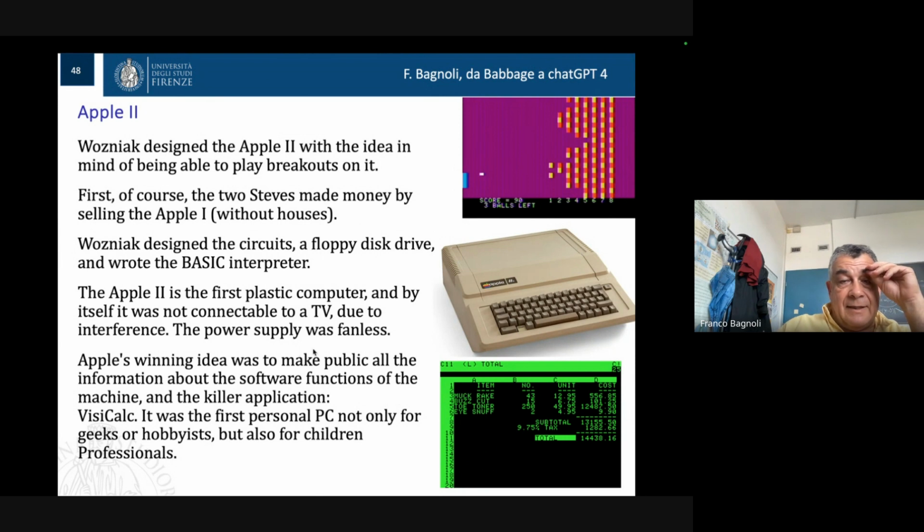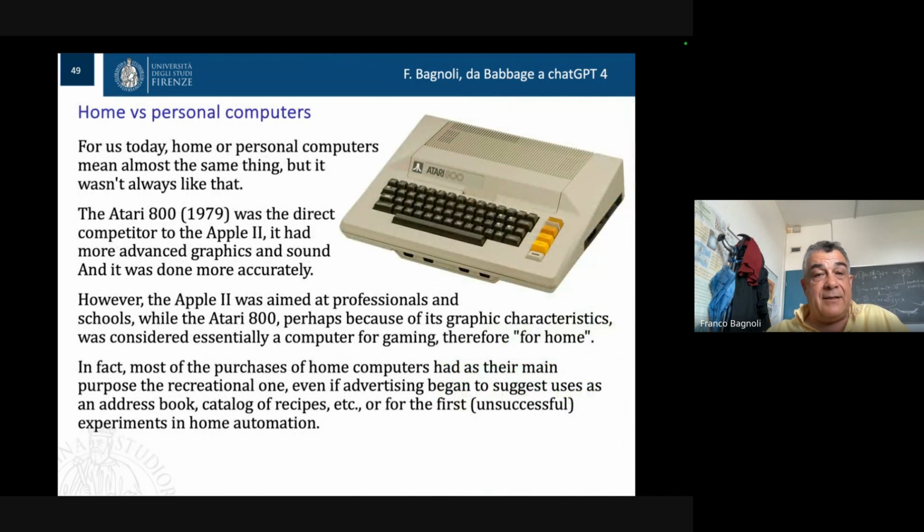But actually, the killer application was VisiCalc, essentially a spreadsheet. And this was really the driver of the Apple II's sales volume, because people would enter the computer shop to buy VisiCalc and exit with an Apple II, since it was the only hardware able to run this application.